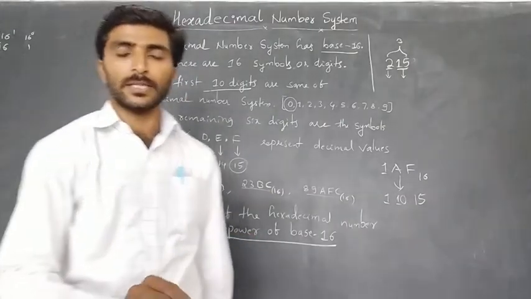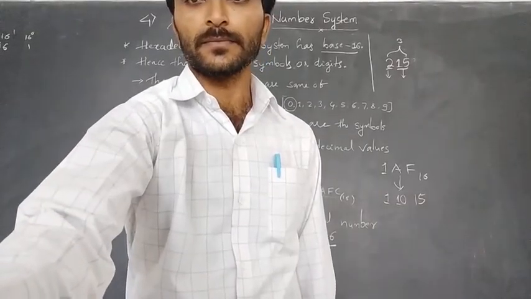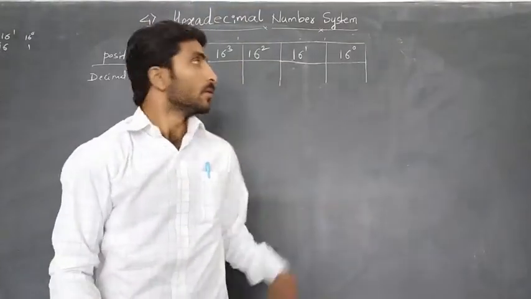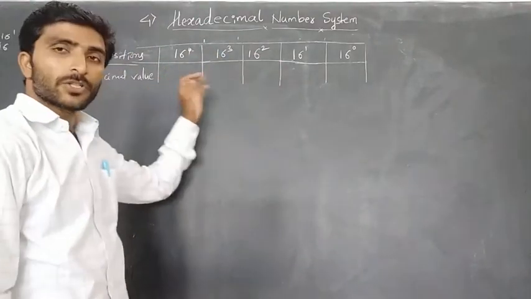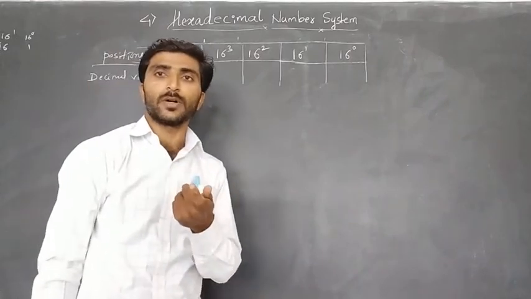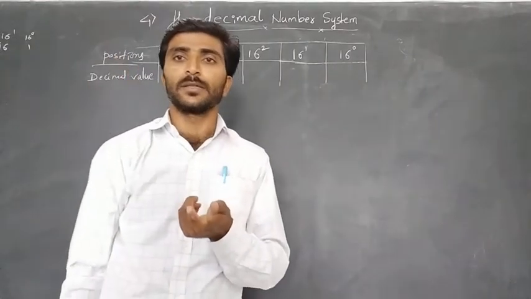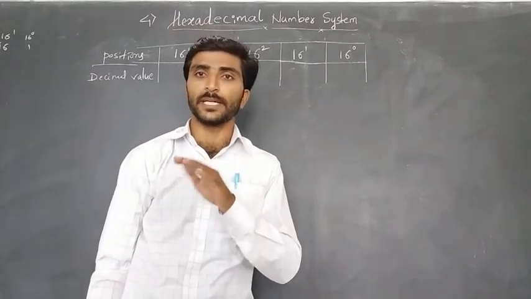Now let us discuss the positions of the hexadecimal number system. Each digit represents a position, the power of the base, that means 16.